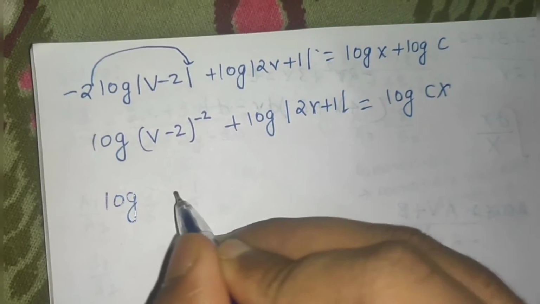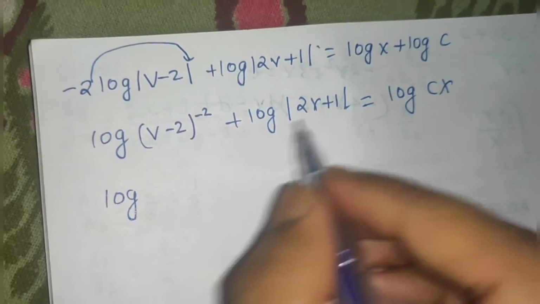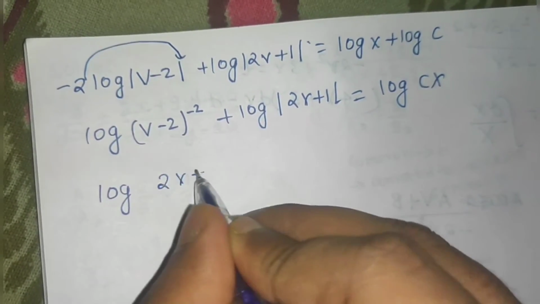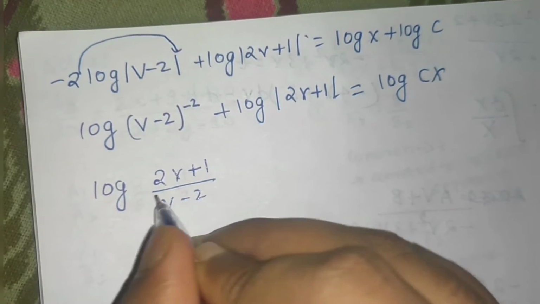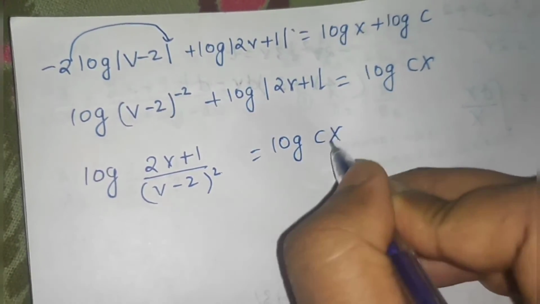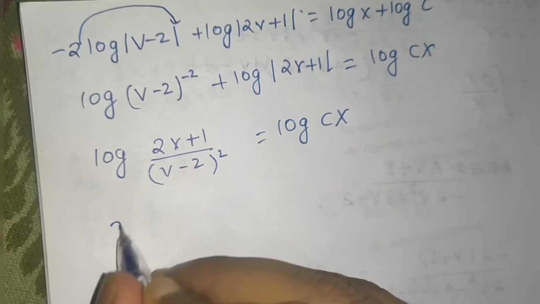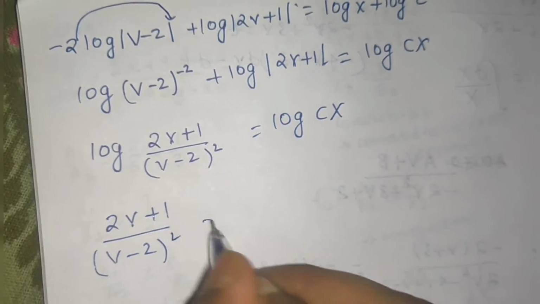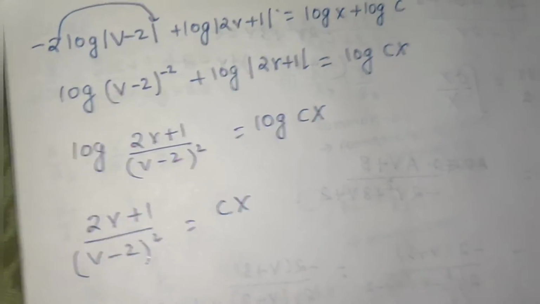So log, this will come down and this will be in the numerator. So 2v plus 1 divided by (v minus 2) whole square equals log cx. Log removed from both sides, so 2v plus 1 divided by (v minus 2) whole square equals cx.